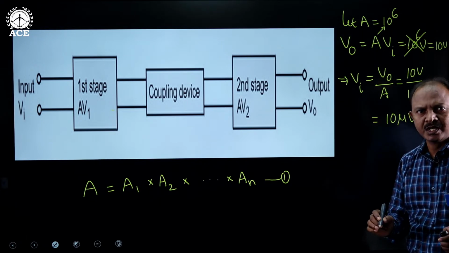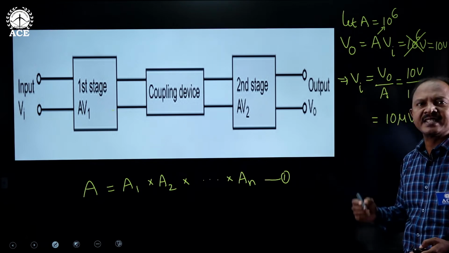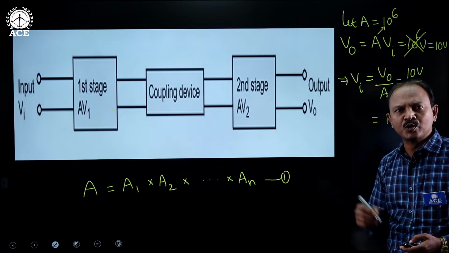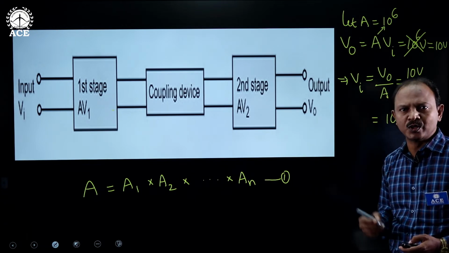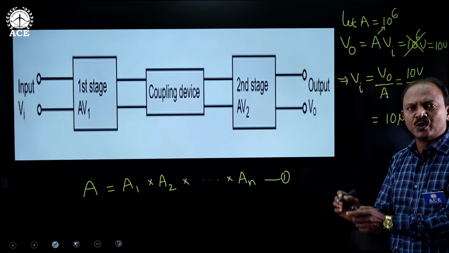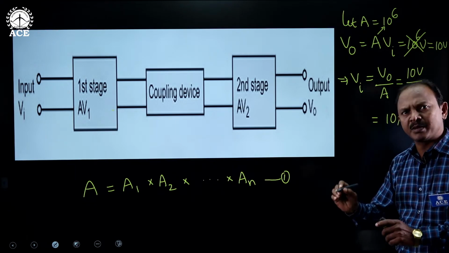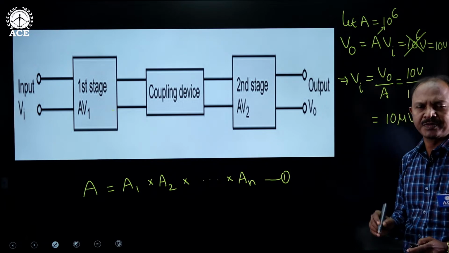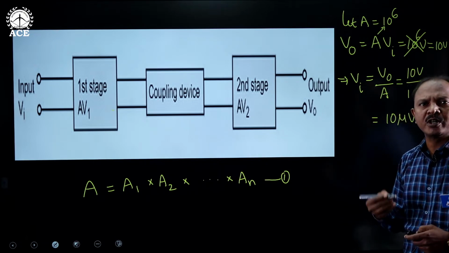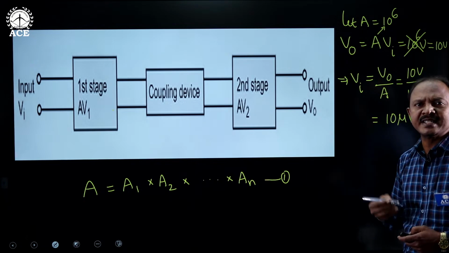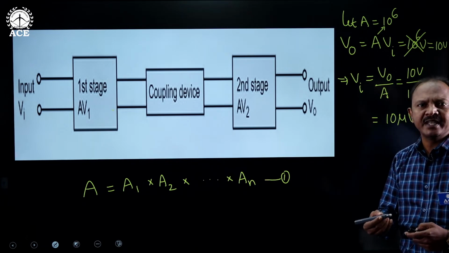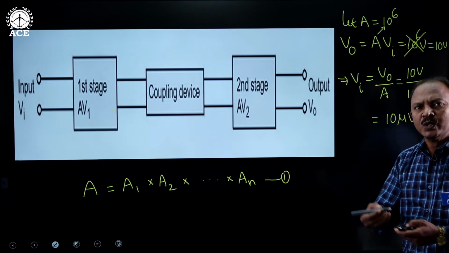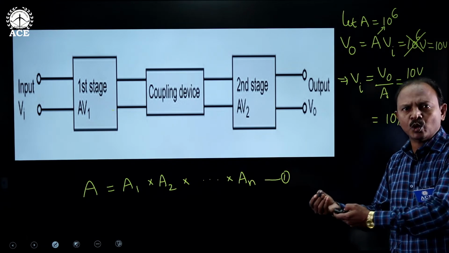So the conclusion is that a multistage amplifier is a high gain amplifier. That high gain will not reflect on thousands of volts as output voltage. The maximum possible output voltage is always restricted to 10 volts or maybe 12 volts, or less than or equal to the supply voltage. With that very high gain, what we can achieve in multistage amplifiers is that we can amplify very weak signals, in the range of microvolts up to a range of volts.